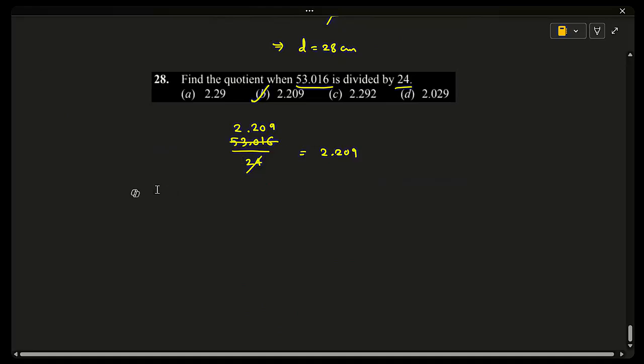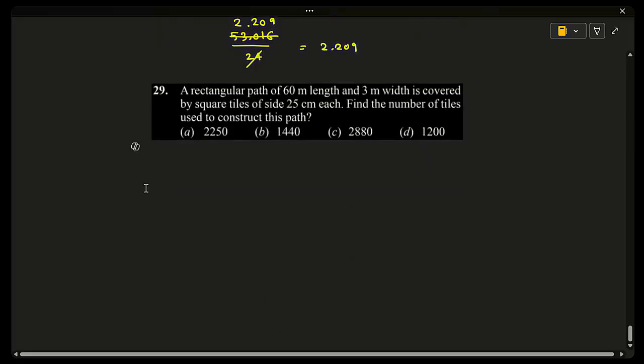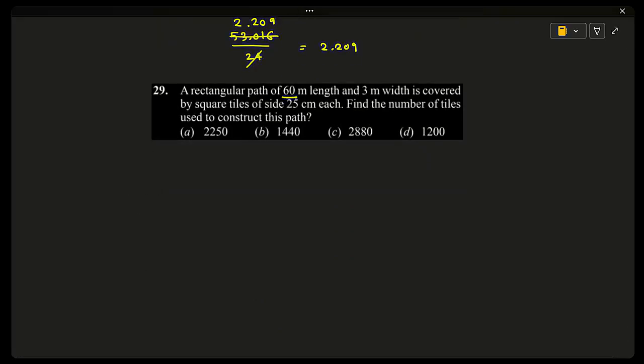29th one. A rectangular path of 60 meters length and 3 meters wide is covered by square tiles of side 25 centimeters each. Find the number of tiles. So the number of tiles, as we know, the bigger area divided by the tile area we will find. So rectangular path is having the length and breadth given.